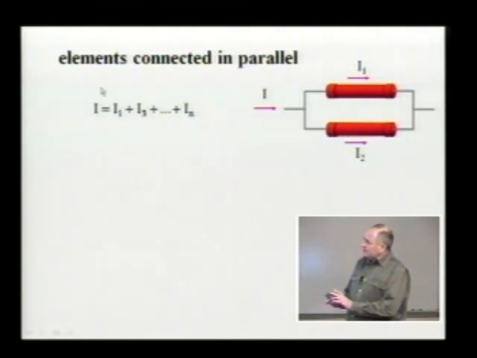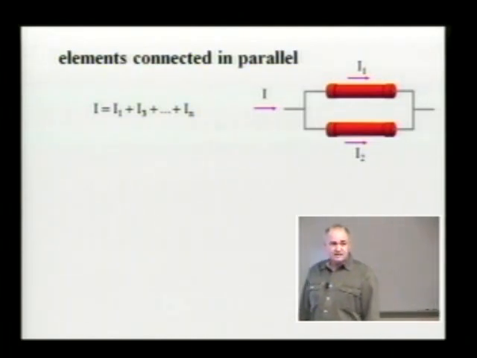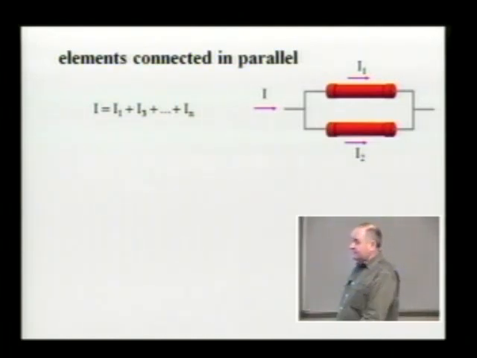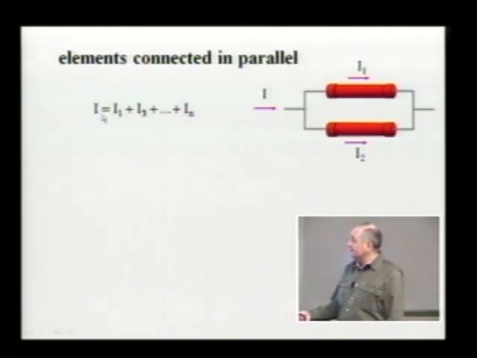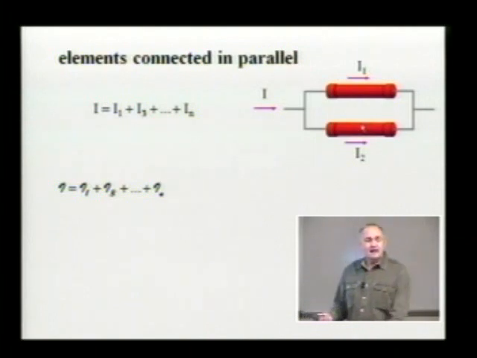Now, complex current and complex voltage are defined in such a way that the vertical component of the phasor represents the real current. So this current, for example, is a projection of the phasor on the vertical line. In other words, it is the real part of the complex current, and each of them is the real part of the complex current flowing through the other elements.